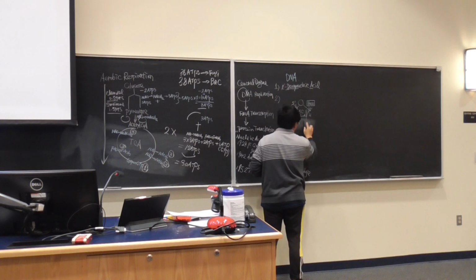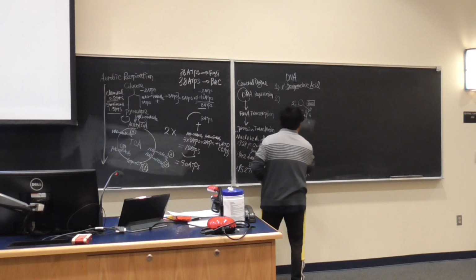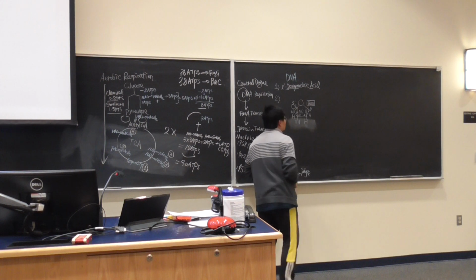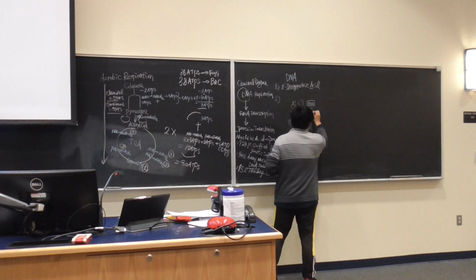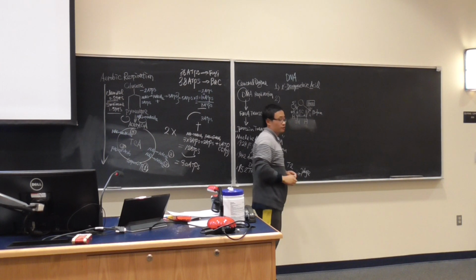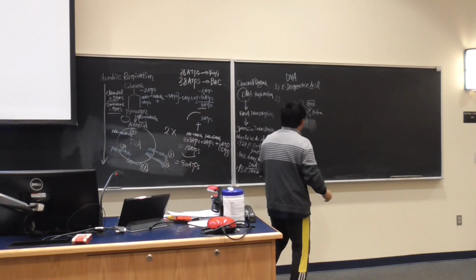This one is gone, so we write H here. And by the way, this type of configuration, we also call it a beta form. That's most likely the dominant form in nature. Then what are we missing here?